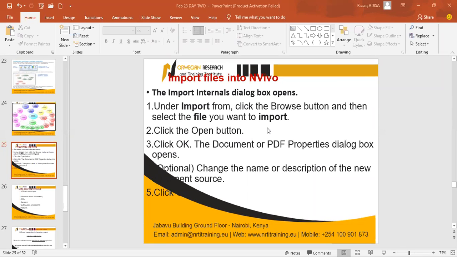Yeah, you are using Apple Mac. Yes. Nvivo, there is a Nvivo for Apple. There is Nvivo for Windows, right? But the link I usually send is for Windows. Though there is one for Apple, I will try to check tomorrow if I can lay my hands on the free trial for Apple so that I send it to you. Possibly because all this while we have been using Microsoft Windows.